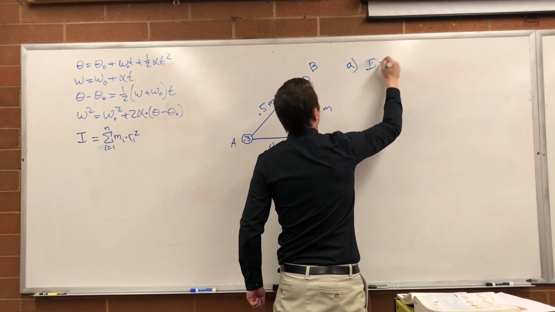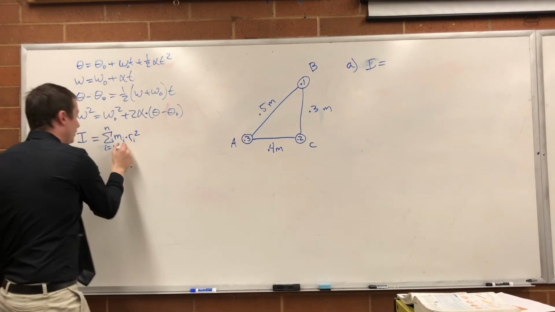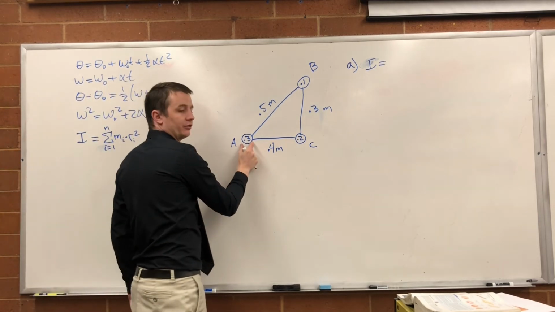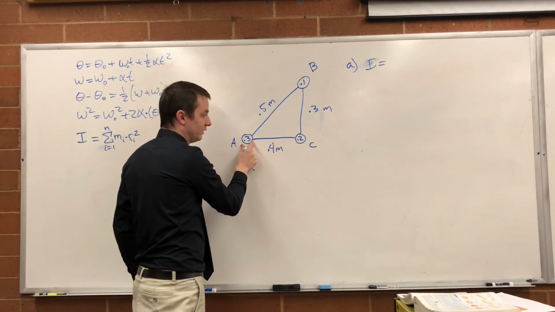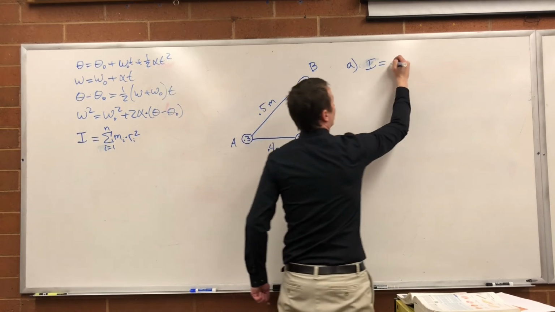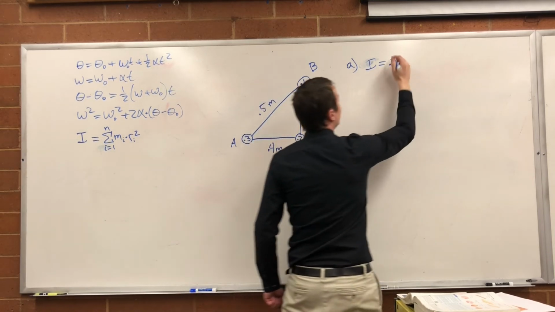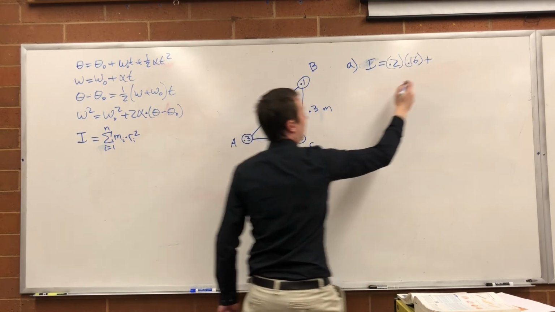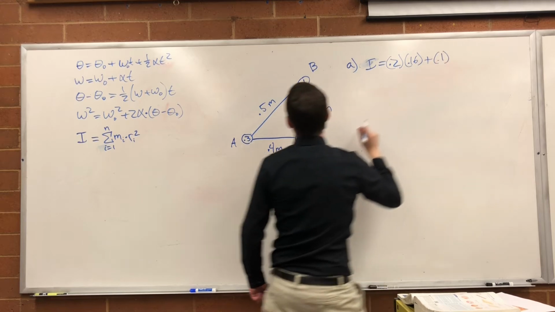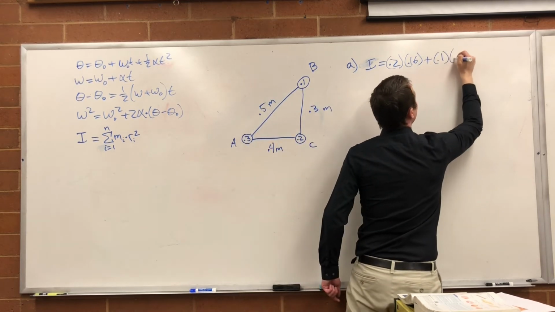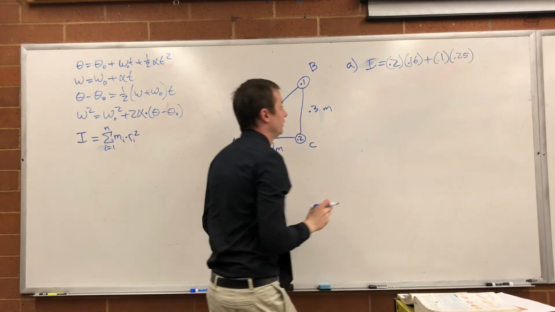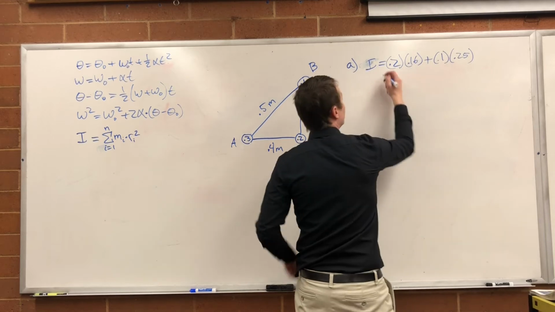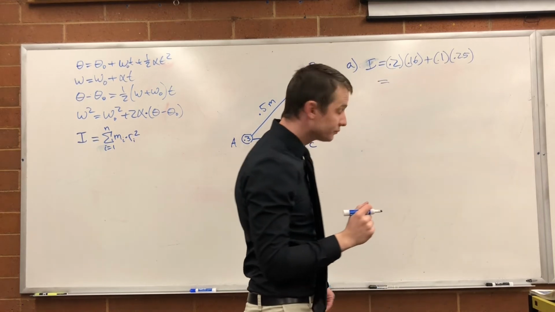The moment of inertia then is going to be, we sum up each mass times how far it is from the axis squared. How far is this mass from the axis? 0, so that doesn't even come into the picture. So for this one, we have 0.2, its mass, times its radius squared, plus this one, 0.1, the mass, times its radius squared. Fortunately, I think we don't need a calculator.